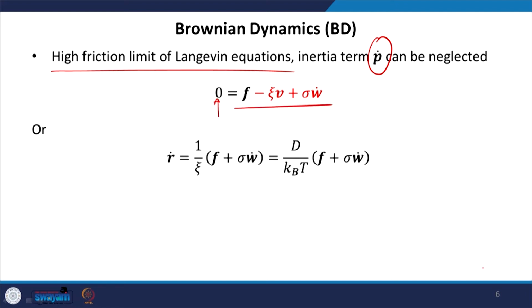Everything else is pretty much the same as the Langevin equation, and what we then have is a simple first order differential equation in terms of r dot, that is the velocity of the particle. So, acceleration is set equal to 0, and again using zeta equal to kBT by D, I can also write it in this particular form.